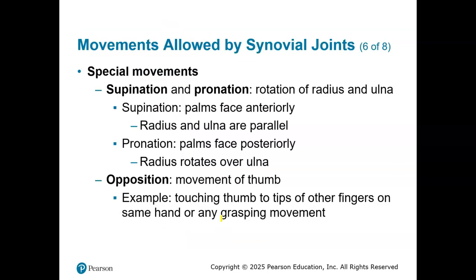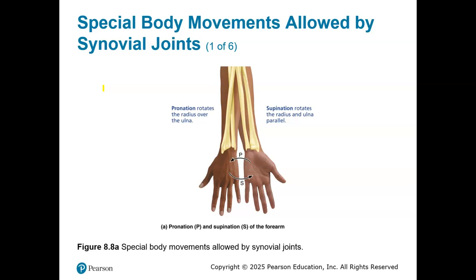Now, there are special movements. There's supination and pronation, and I find it so much easier to show the picture. When you turn your palm down, like placing your hand flat on a tabletop, that is pronation.